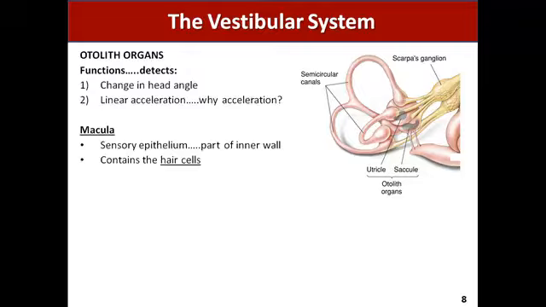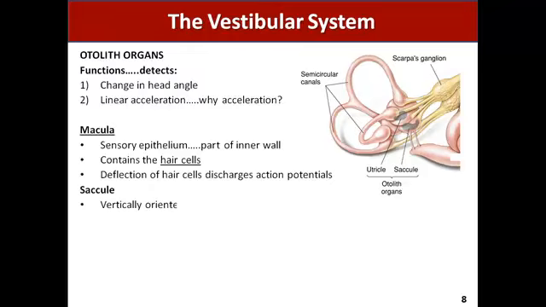This is where mechanical energy is transduced into electrical energy through a deflection in those hair cells. So when those hair cells become deflected, they will either discharge the associated neuron axon, or they will hyperpolarize that axon, as we'll see shortly.